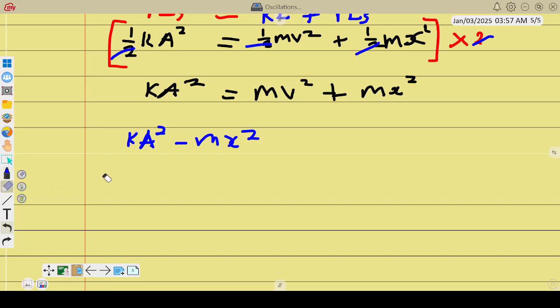Why was I writing m? The formula for the spring energy is k. Okay, so this is kx, and even here this is kx squared. It's the spring energy.